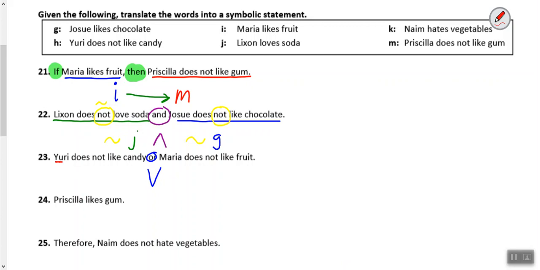All right, and then I have Yuri does not like candy. Let's check here. In my bank, H says Yuri does not like candy. Okay, that matches. So H. Yuri does not like candy, or, and over here I have Maria does not like fruit. My bank says Maria likes fruit. So we have that added word of not. So I would say not I.